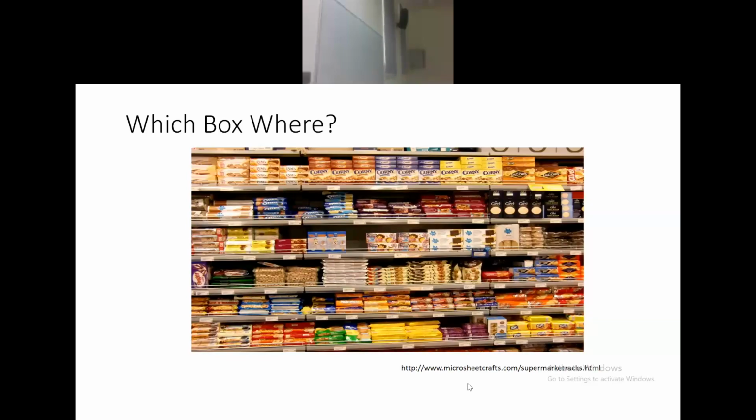As you can see, it's primarily a bunch of products on the racks and shelves in a supermarket. The problem is very simple: you take a picture of these racks and identify the products on them.